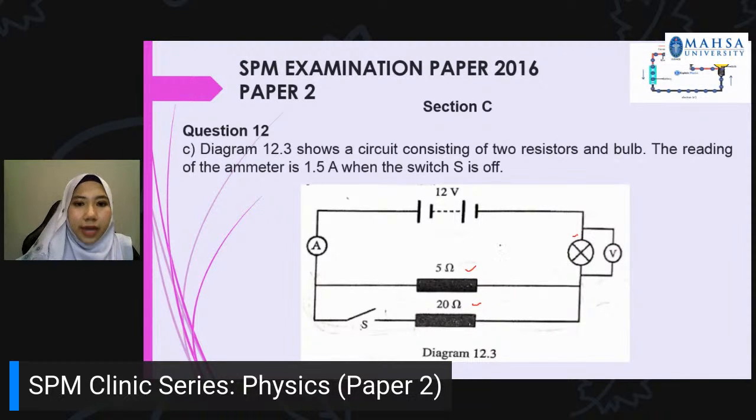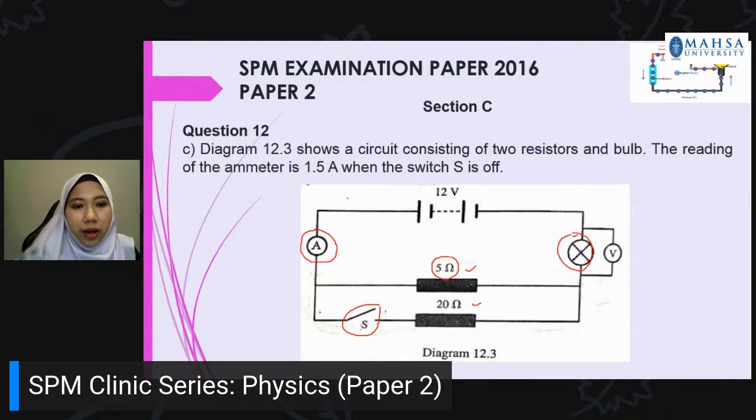The reading of the ammeter is 1.5 A when the switch S is off. So what is the meaning here? The current will flow through the 5 ohm resistor and also the bulb here.